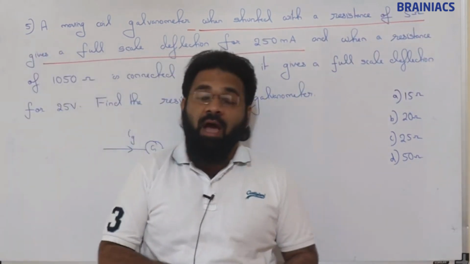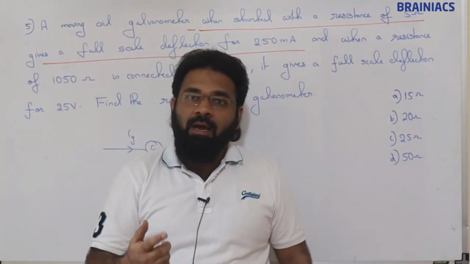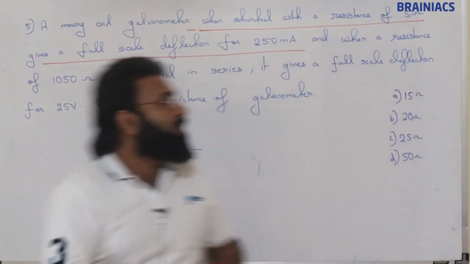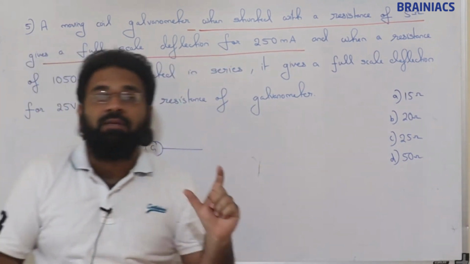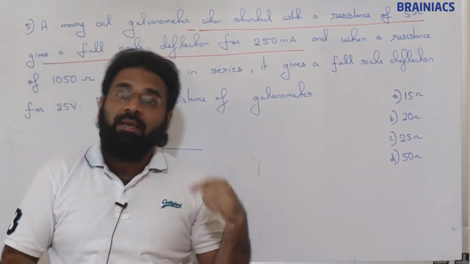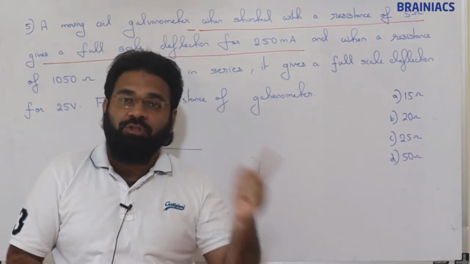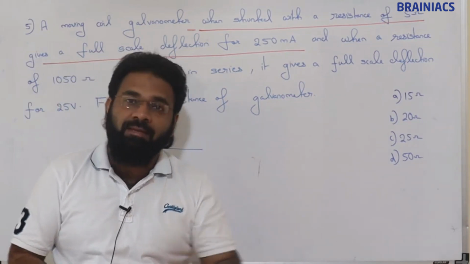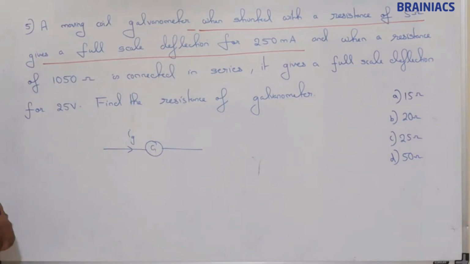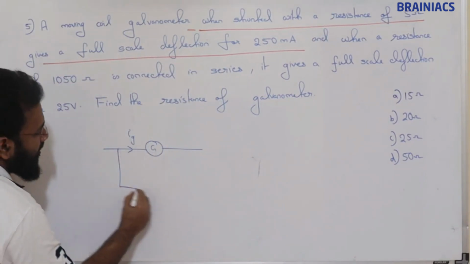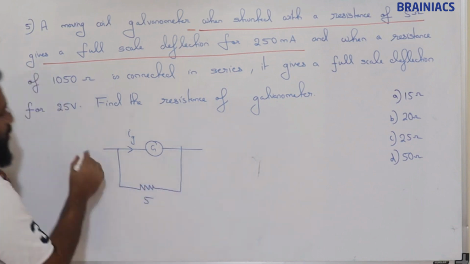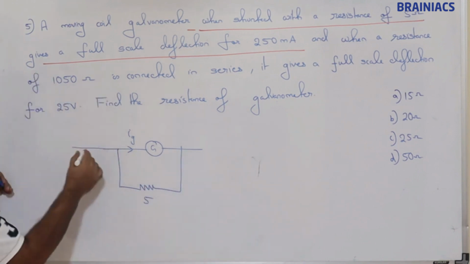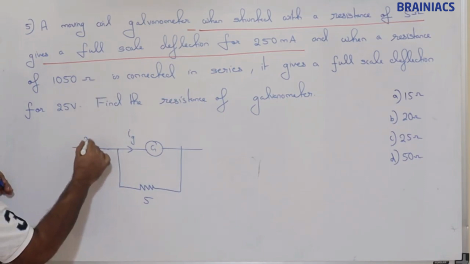That is after shunting with 5 ohm resistance, it is giving a full scale deflection of 250 milliampere. The meaning of this is, now this is shunting, so this 250 milliampere is nothing but this current.